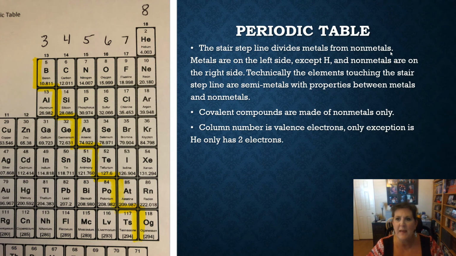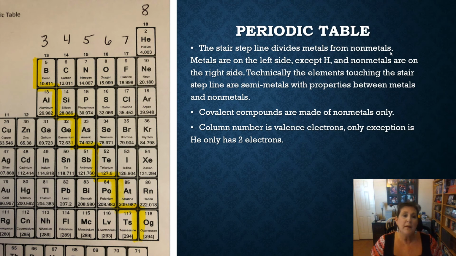Now, technically speaking, if you are touching the stair-step line, you're actually a semi-metal with properties in between metals and nonmetals, but we're not going to talk about that too much. So for us, the stair-step line divides the metals from the nonmetals. But remember, hydrogen is a nonmetal as well.